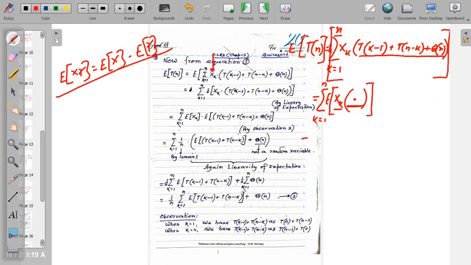It is inside the sum, k equals 1 to n, with this multiplicative rule: the expectation of Xk times the expectation of this whatever.